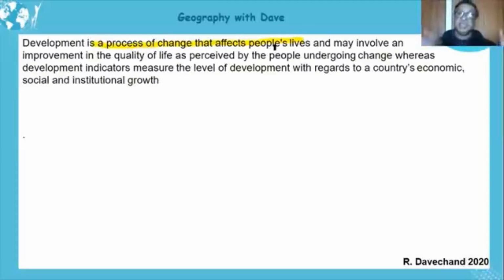Now watch a word, whereas, because you want a differentiation. Development indicators measure the level of development of a country's economic, social and institutional growth. Can you see it? I must have that whereas, because it's showing a comparison. Don't do them separately. Maybe the markers will give you, but why take a chance, learners? Show a comparison. That's what I want to demonstrate to you.